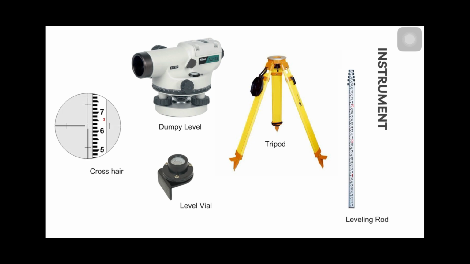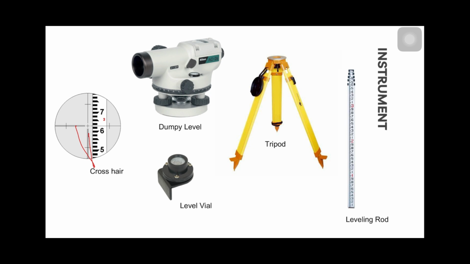Then, when you look through the telescope of a surveying instrument like a dumpy level or total station, you don't just see the target. Inside the telescope, you'll notice two thin lines that intersect each other, one horizontal line and one vertical line. This is called the crosshair.